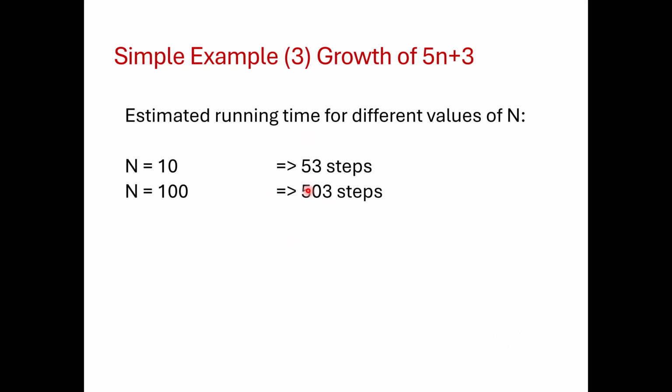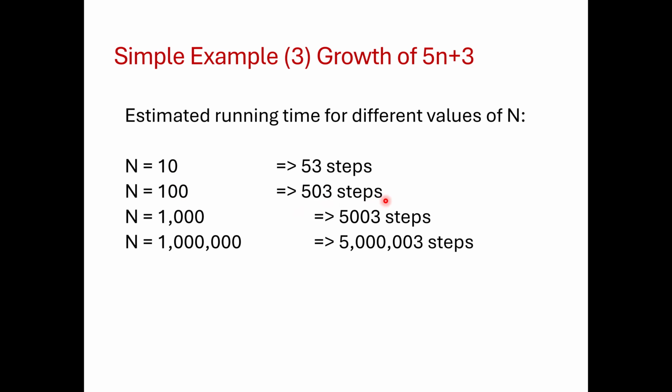If n is 100, then 5 times 100 plus 3, it will need 503 steps. If n is 1,000, it will need 5,003. If n is 1,000,000, it will need 5,000,003 steps.